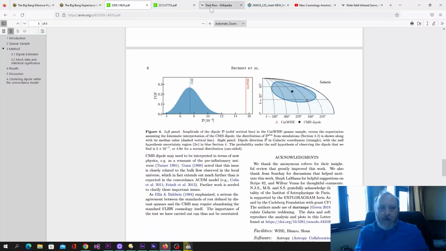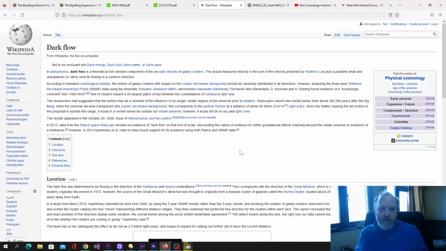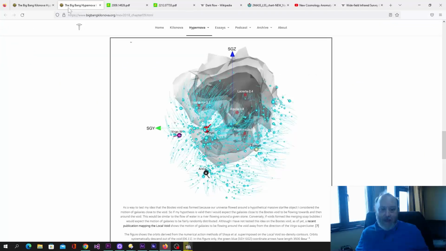In order to talk about Lambda CDM's interpretation, it comes down to this idea of dark flow, where dark flow is a theoretical non-random component of the peculiar velocity of galaxy clusters. Essentially, it's summed up in this one picture here. This is our Milky Way galaxy.